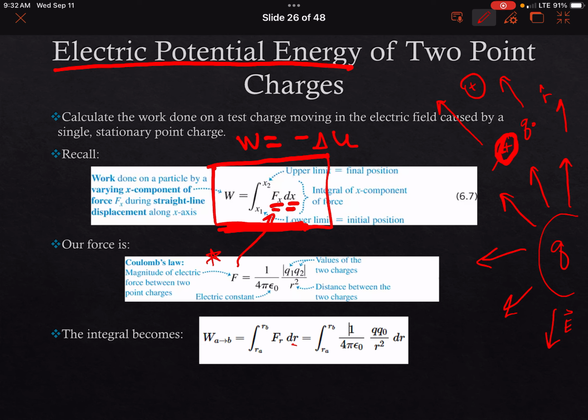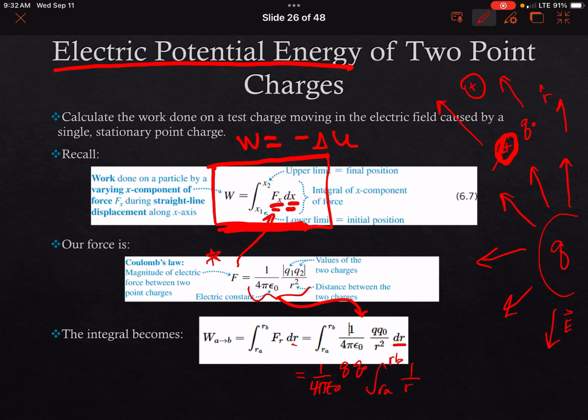So we're going to switch to r variables, plug in Coulomb's law, and our integration variable is going to be dr. Now we're tasked with integrating this function, which is quite simple. Let's move all of the constants out.